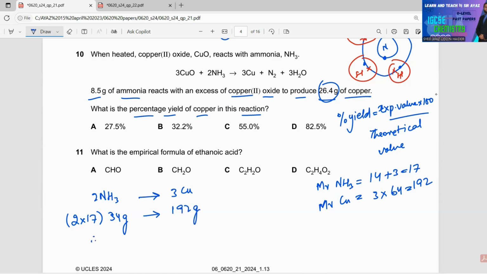Therefore, 8.5 gram gives X gram of copper. So X is equal to 192 multiplied by 8.5 divided by 34. This will be the theoretical value, 48.